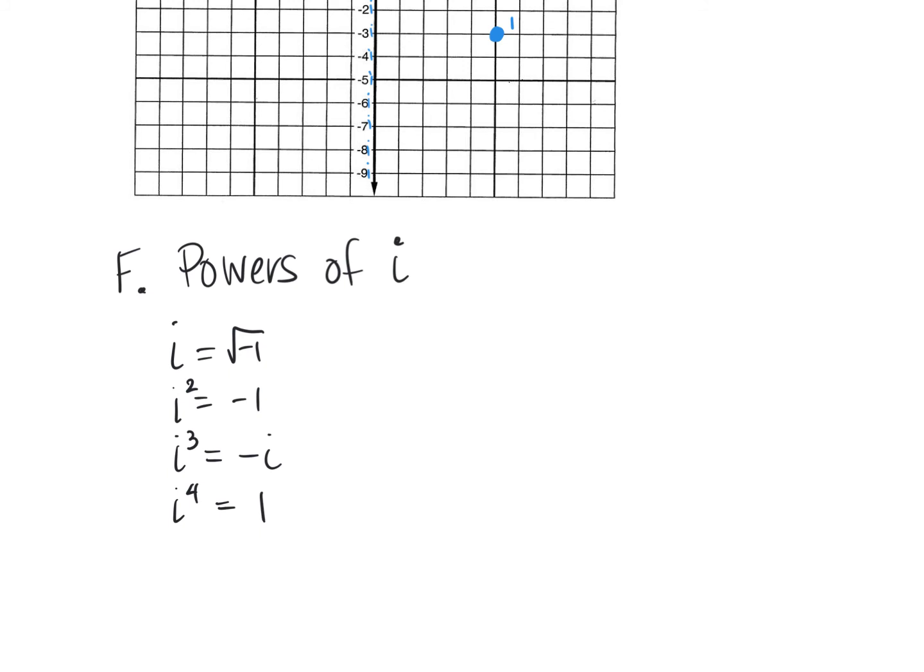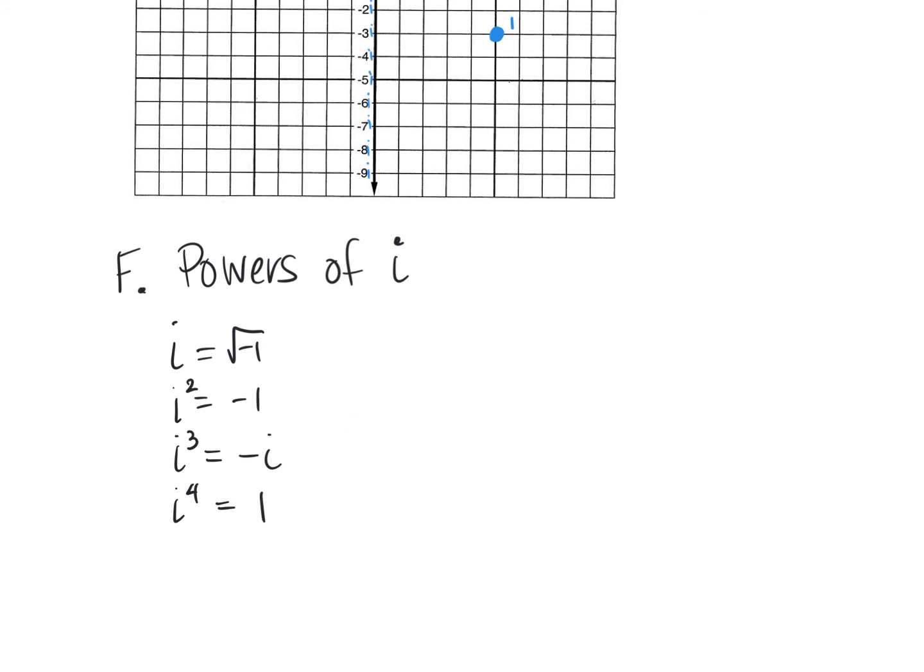So what do you think i to the 5th is? i, right? What about i to the 6th? If I go to the 5th, it's going to be 1 times i, so it's going to be i, the same as i to the 1st power. i to the 6th would be equal to negative 1.